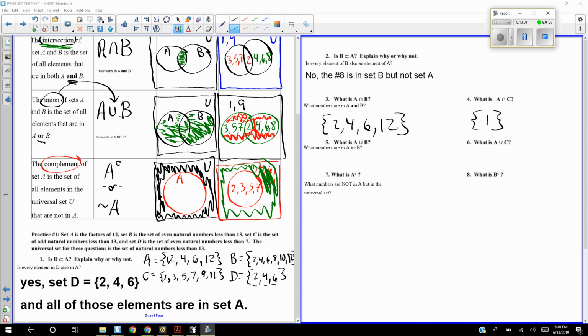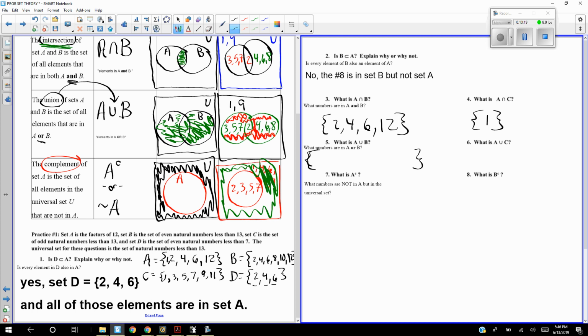Number 5, what is A union B, or in other words, what numbers are in A or B? So this is going to be a longer list. We want every number that's in A or B without repeating ourselves.